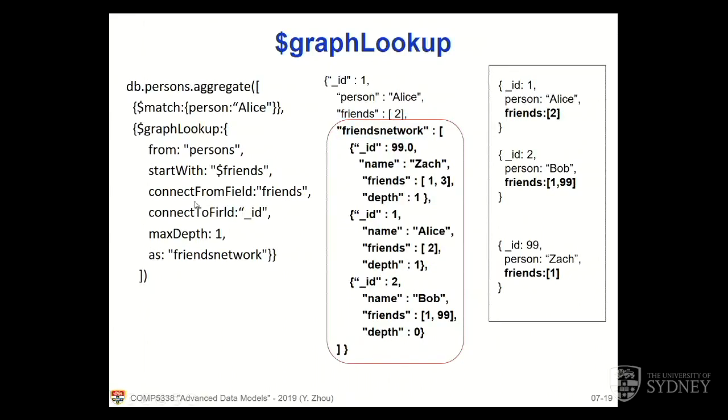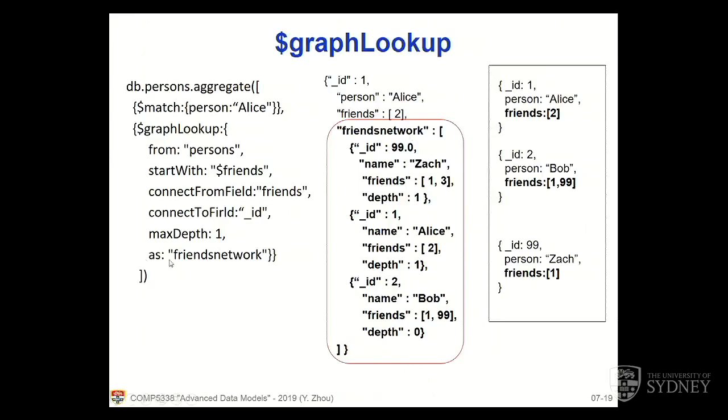So first, let's see. The output document will be quite similar to the lookup stage. For every document in the input stage, it will output a document, and it will keep all the original fields and add another field to remember the graph thing.